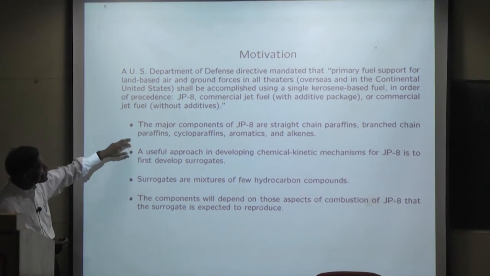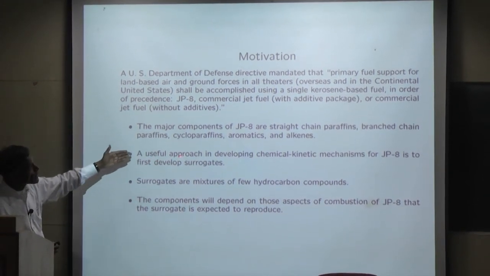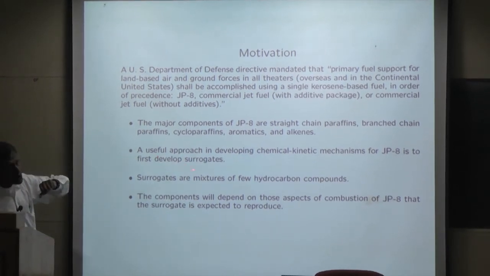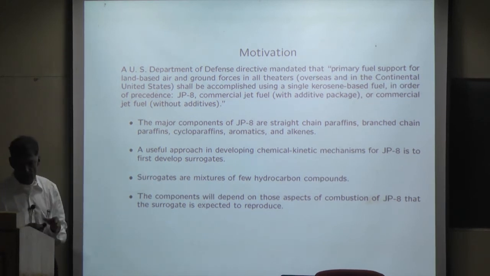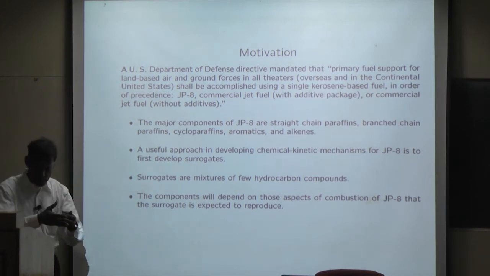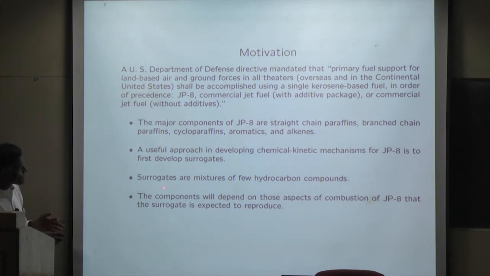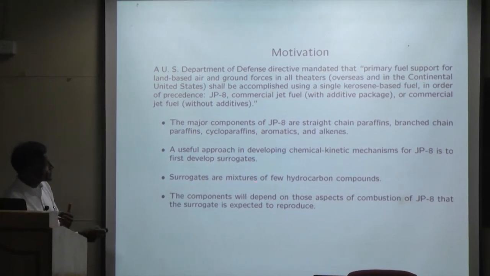One way to study the combustion of a practical fuel is to use surrogates, as Ramsey touched on as well. If you want to understand the combustion of JP8, how does one select a surrogate? Surrogates are mixtures of a few hydrocarbon compounds, even though the real fuel has hundreds.